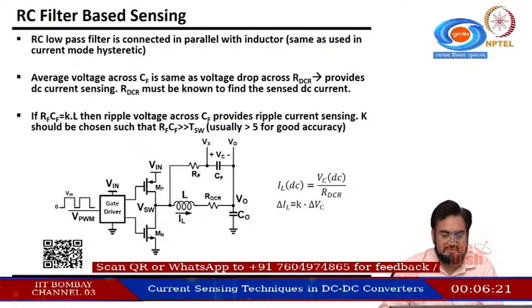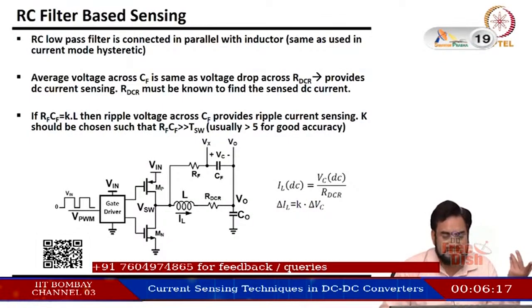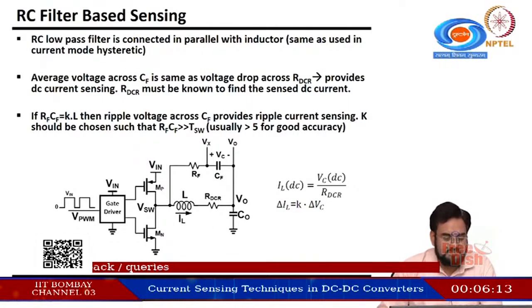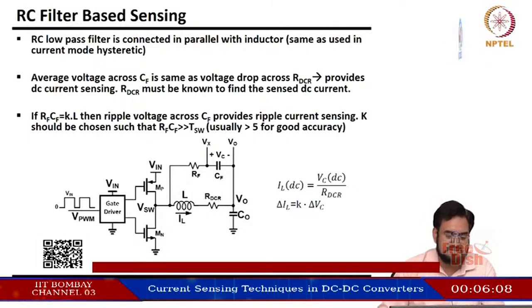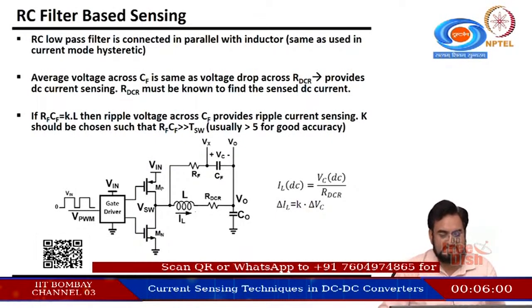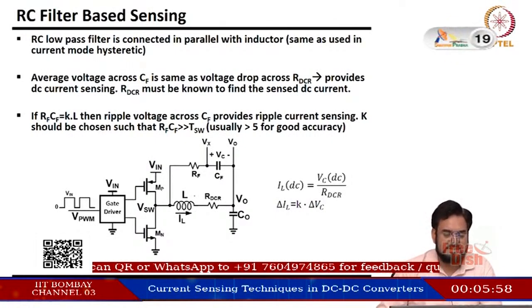The only problem here is this RDCR doesn't remain fixed, it can change with temperature. So that's the only drawback, otherwise it's a very good technique to use for current sensing without any loss here, because you don't require any series resistor. So you can get both ripple as well as DC information here.